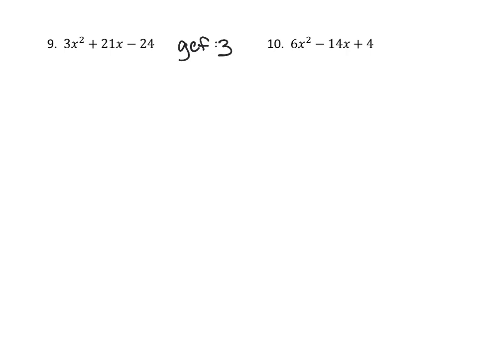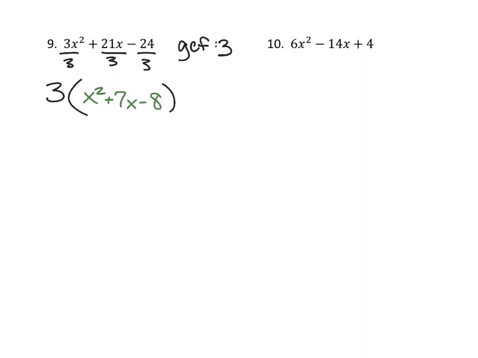Okay, so the GCF is 3. We're going to divide each of these terms by that GCF to make our numbers significantly smaller. What would be my leftovers? 1x squared, cool. And then 7x's, and then minus 8. Very cool.